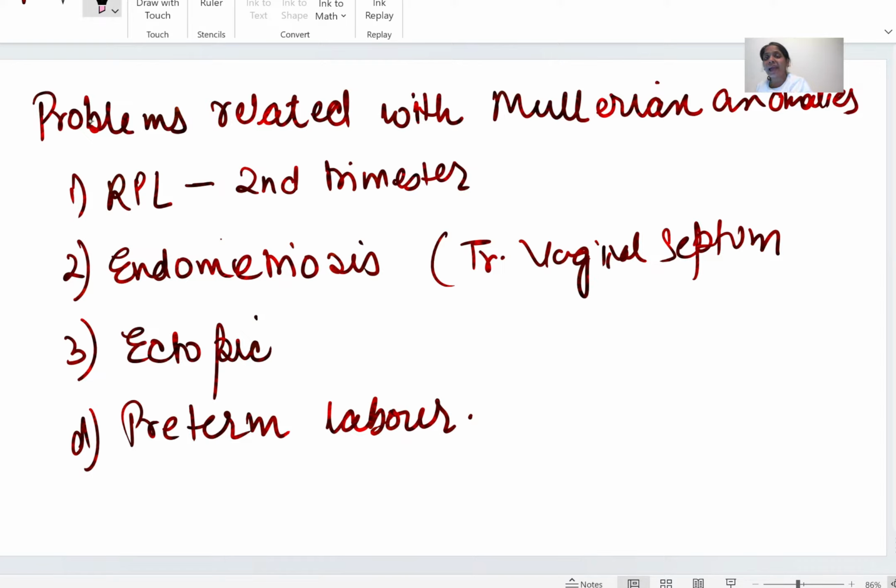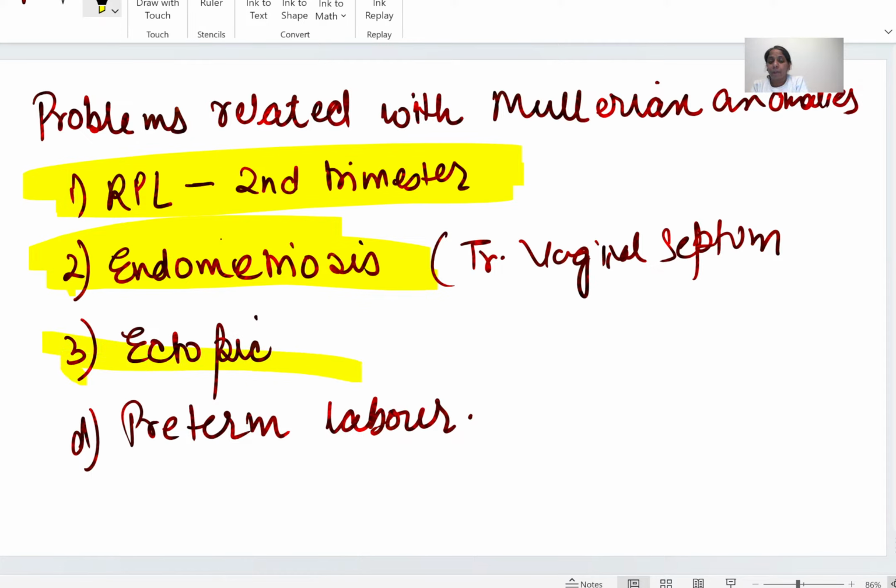Then there can be endometriosis. The more these anomalies, the more the chances of backflow of blood, and consequently endometriosis.